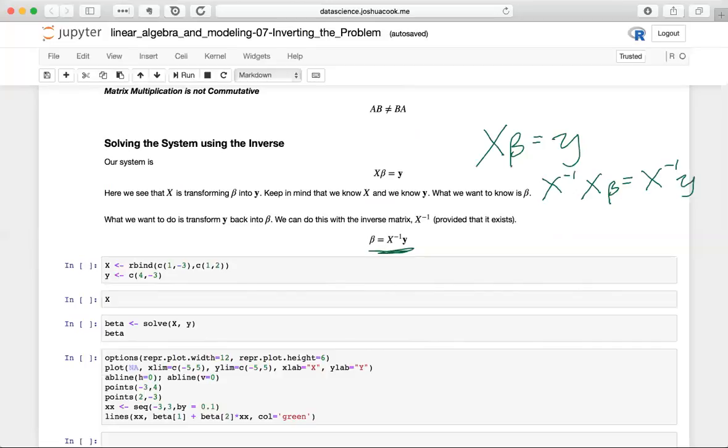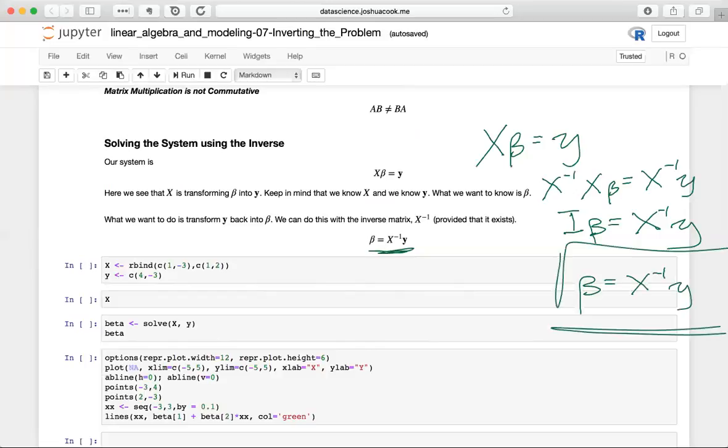X inverse times X is the identity, and the identity times beta is just beta. So this is what we want to solve, and it's going to give us these coefficients: the intercept and the slope, beta 0 and beta 1.